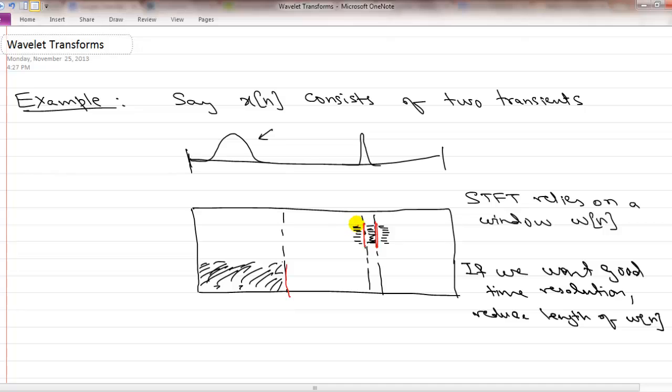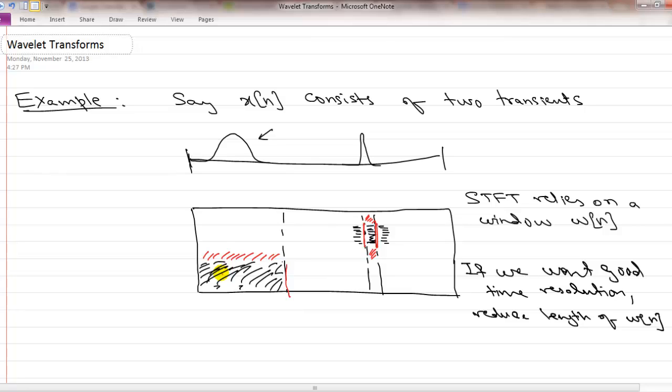But what will be the effect of that on frequency? It's now going to give you really bad resolution in frequency in all this region. And the reason for that is that short time Fourier transform treats the time and frequency plane in a uniform manner.